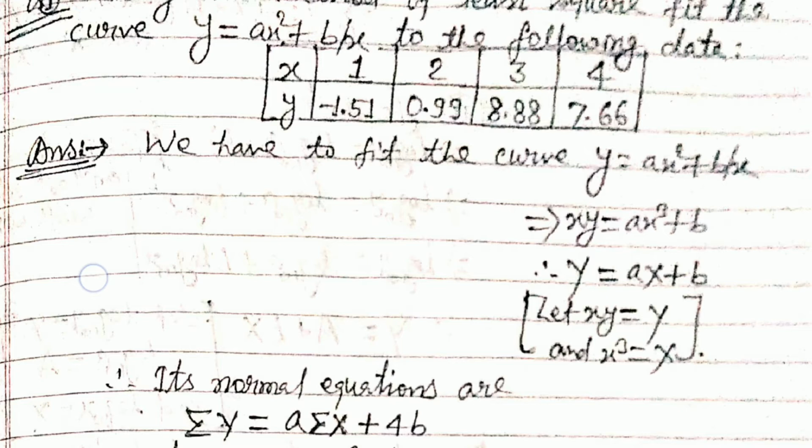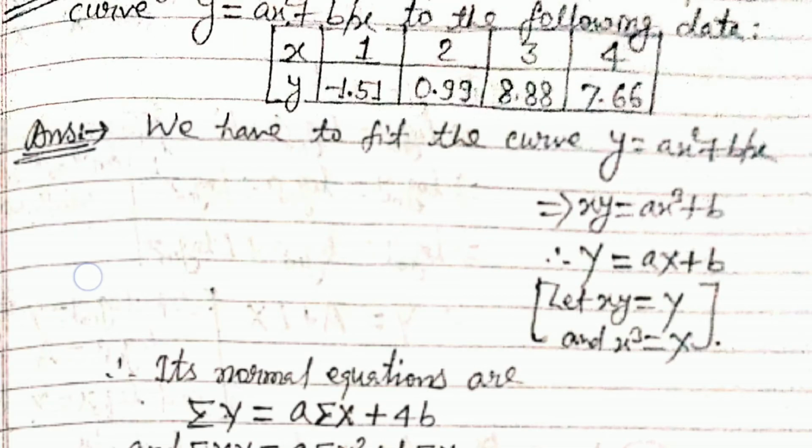Then we take small xy as capital Y, and small x cube as capital X. So xy is equal to capital Y and x cube is equal to capital X.